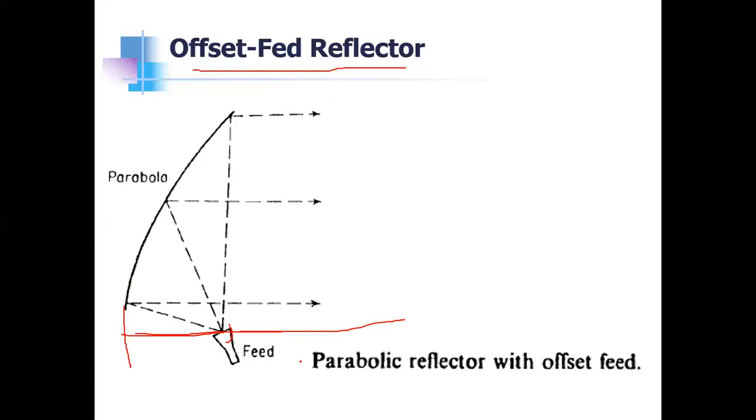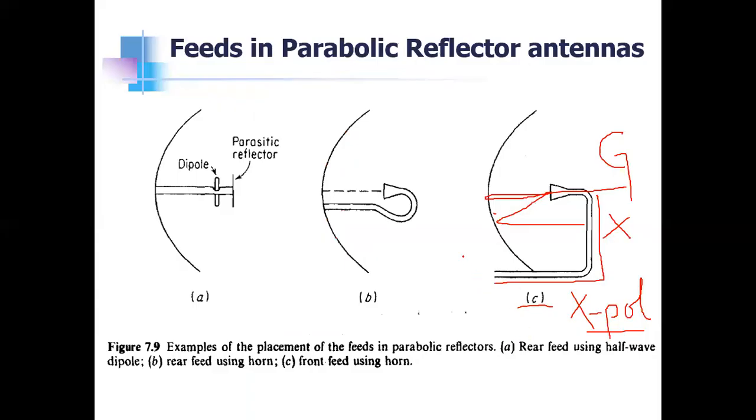There are no problems in the radiation pattern because of blockage of the aperture. Hence there will not be any impedance mismatch either. So this is one way to reduce the aperture blockage and the impedance mismatch which occurred because of the front feed using a horn, in this design.